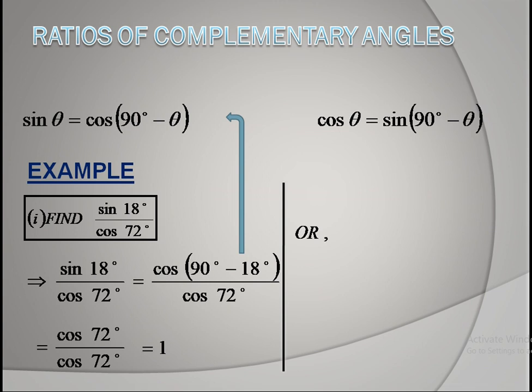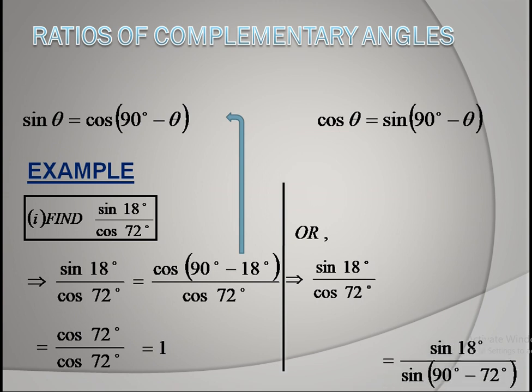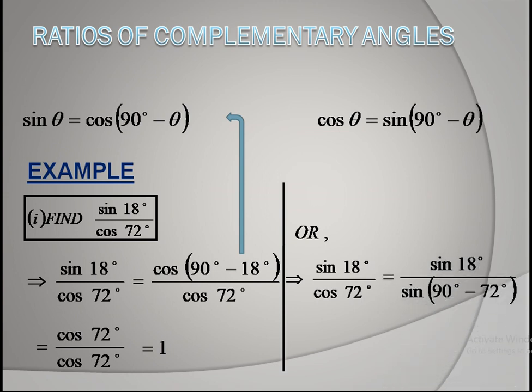Also student, it can be done in this way. Let's see. Here it is given in the question sin 18 degree divided by cos 72 degree. This is equal to sin 18 degree divided by sin(90 degree minus 72 degree).